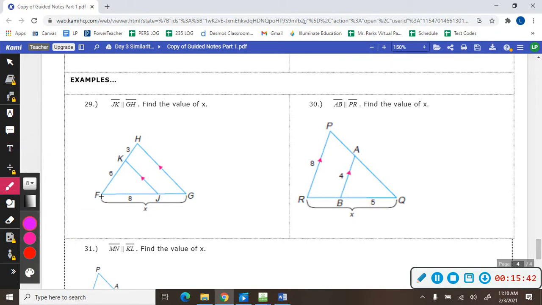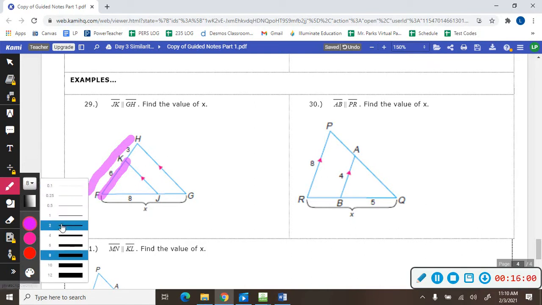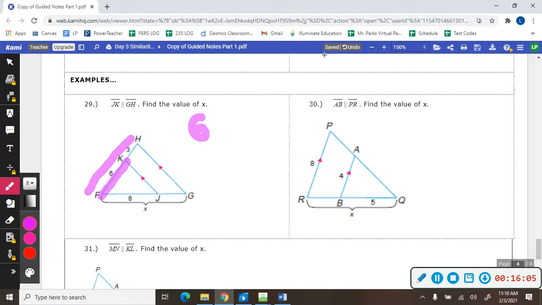6, that's the small part of that triangle, that should be proportional to the large part. So what would that be? That would be 6 over, and then the whole thing is 6 plus 3, so it'd be 6 over 9.